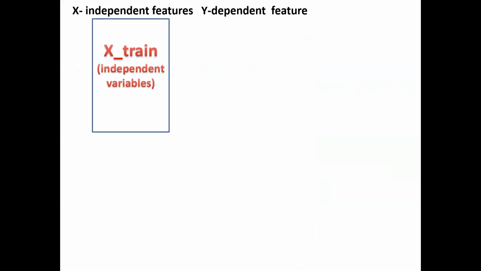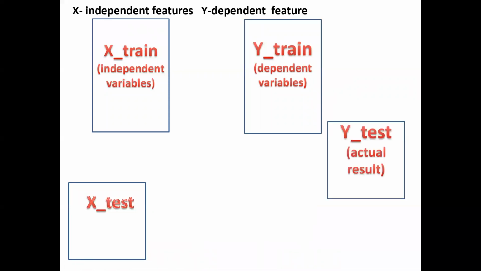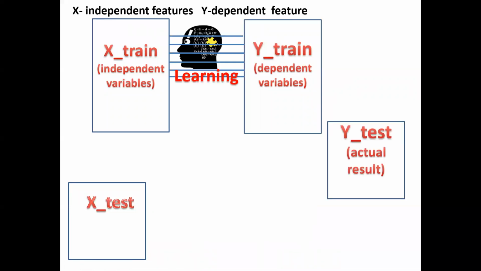So now I will summarize this. X train is the independent variables, as I told you, and X test is nothing but the independent variables testing data. Y train is the dependent variable training data. Y test is the actual result, and the algorithm learns on this training data, that is X train and Y train.